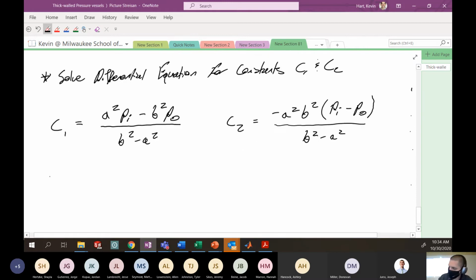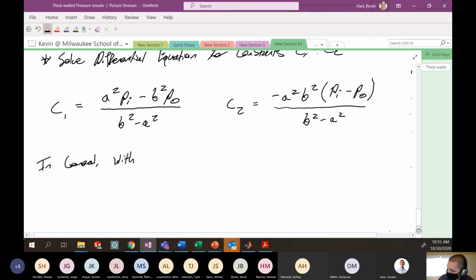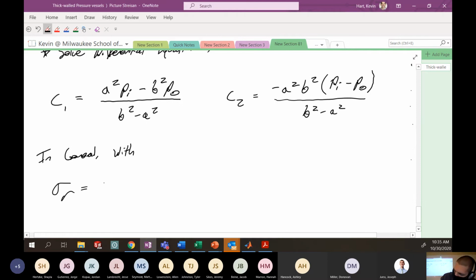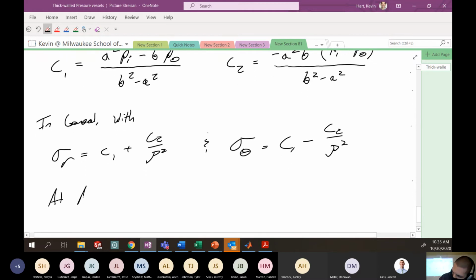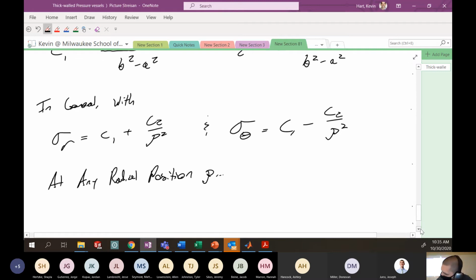So in general then, with your particular solution, remember it's of the form sigma r is C1 plus C2 on rho squared, and sigma theta is C1 minus C2 on rho squared. At any radial position, rho, the following stresses occur.